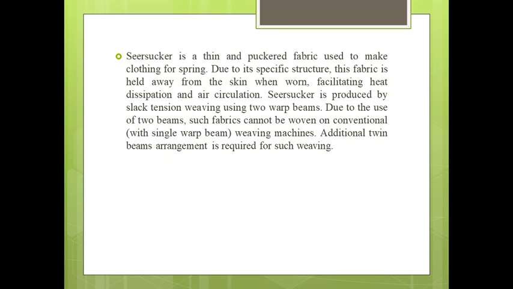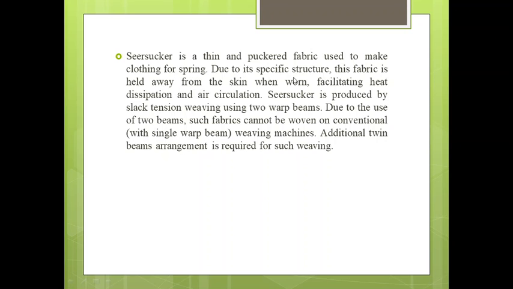As mentioned, seersucker is a thin and puckered fabric. Puckered means that when the warp threads get relaxed, they produce a puckered effect. This fabric is used to make clothing for spring.